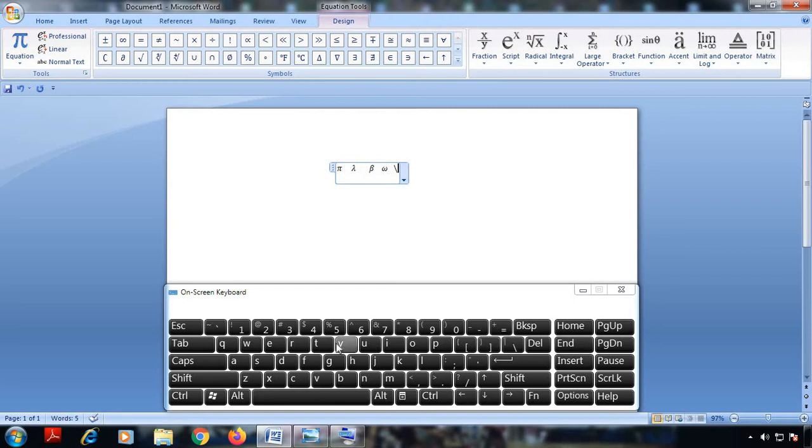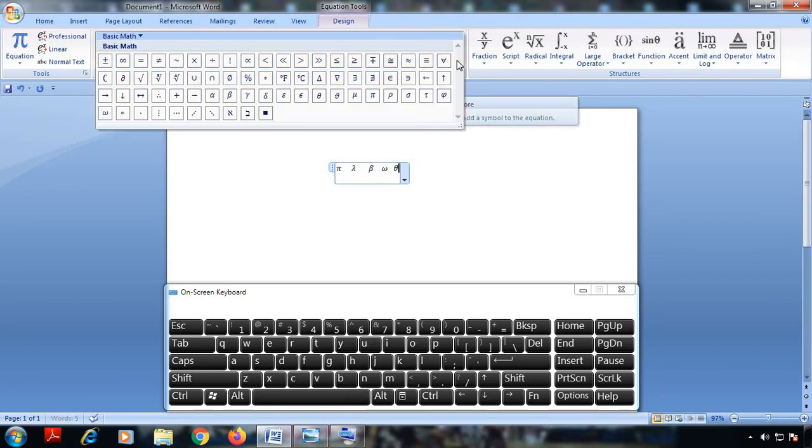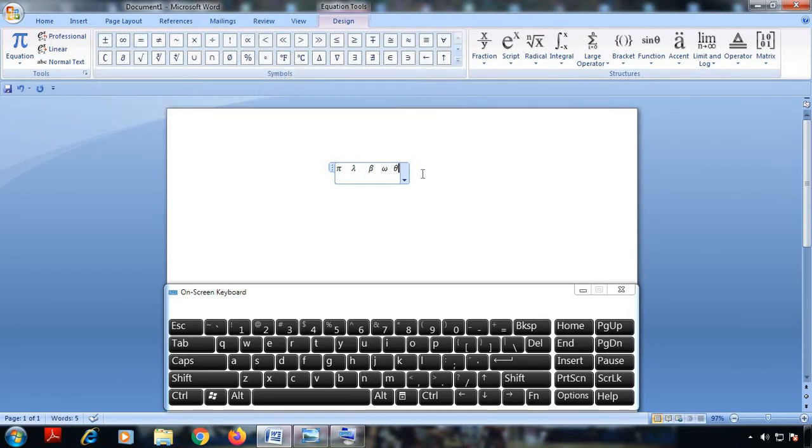Again make use of backslash and then theta, and then space. Here it comes. So apart from finding those symbols in the dictionary of symbols in the equation editor, one can directly type those names of the symbols, and that can be observed on the screen. So this is one technique to write those symbols directly in the equation editor.